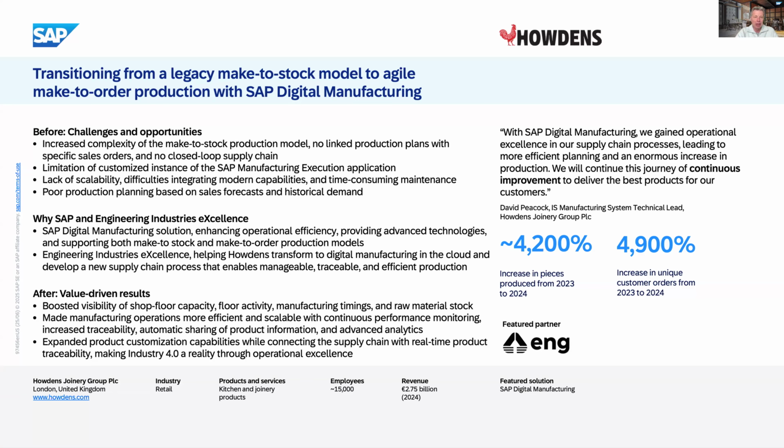You want something just fitted for you, a personalized product. And to allow this transformation, Odense decided to move from their current solution to SAP Digital Manufacturing to help them produce personalized, I could say even highly personalized, products.